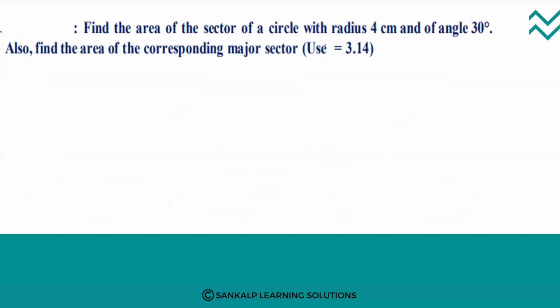Find the area of the sector of a circle with radius 4 centimeter and of angle 30 degrees. Also find the area of the corresponding major sector. This question can be asked for 2 marks. The radius is 4 centimeter and the angle theta is 30 degrees.